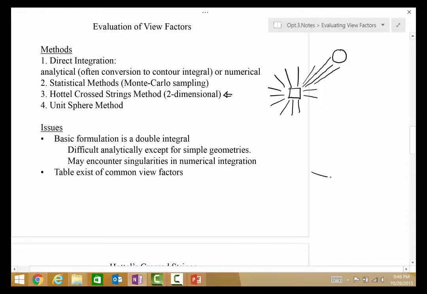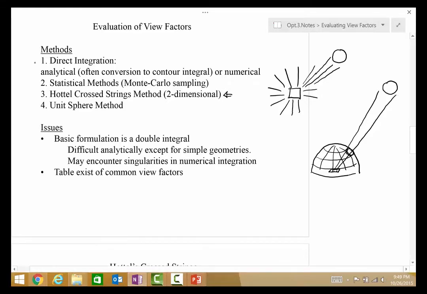So if we have a hemisphere, and we center it on an object, and this hemisphere is very highly polished and is marked into different regions, then when we ask about the view factor from this object to something suspended above it, we're really looking at the amount of area on this hemisphere that this element will take, and that relationship can be used to find the view factor.